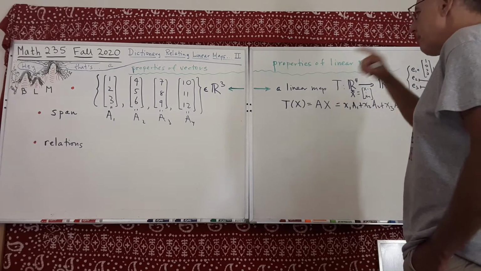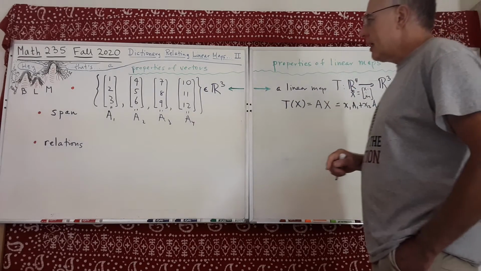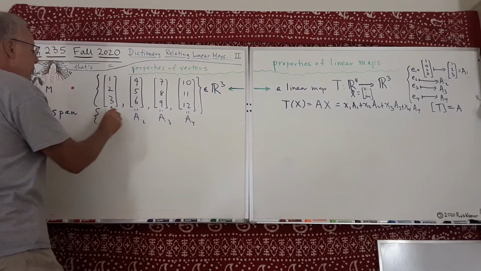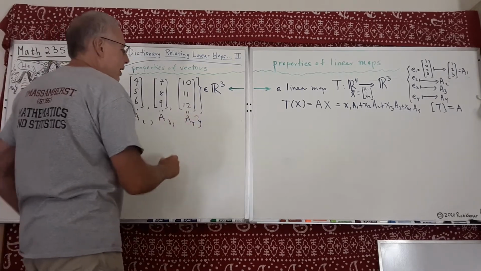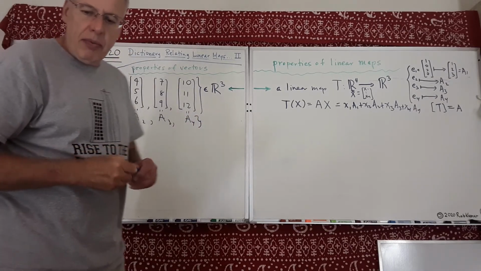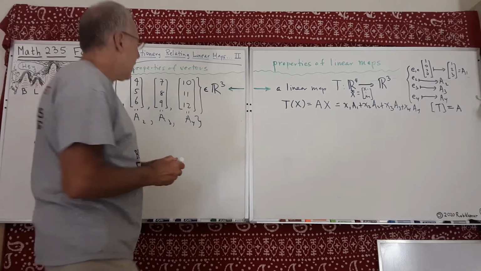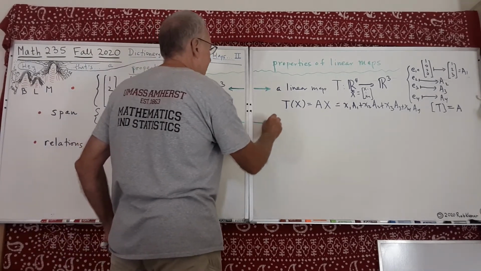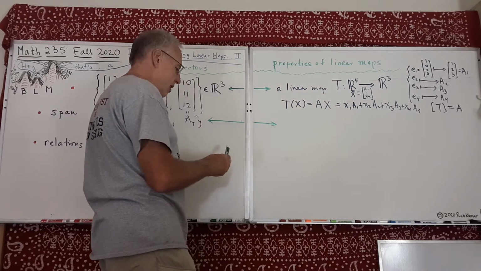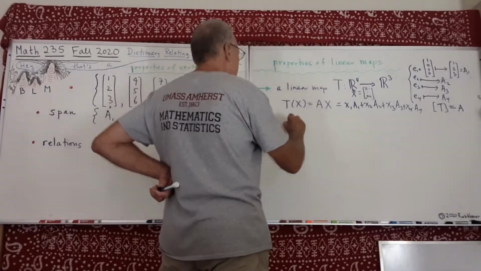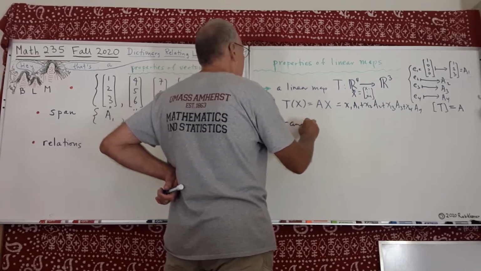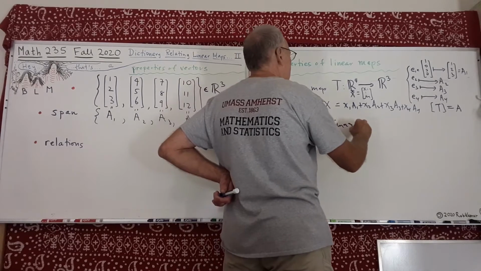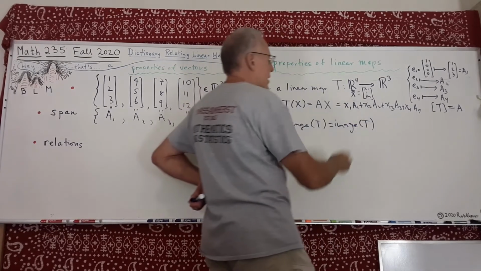So what does this say about these vectors here? Well, the span of the set A1, A2, A3, A4 corresponds to the image of T, or the image of A. So the span of this corresponds to the range, or the image, of T, of this linear map.